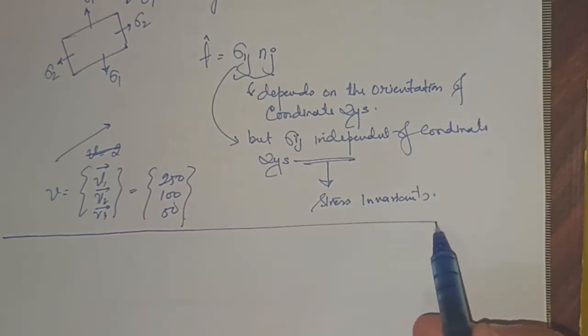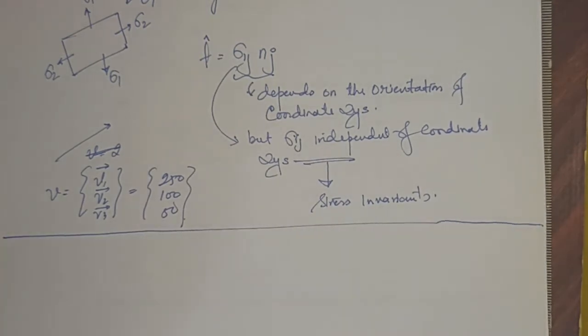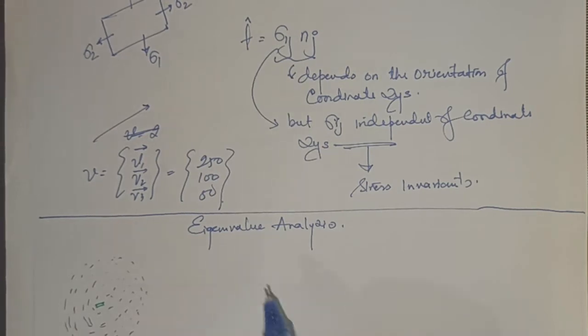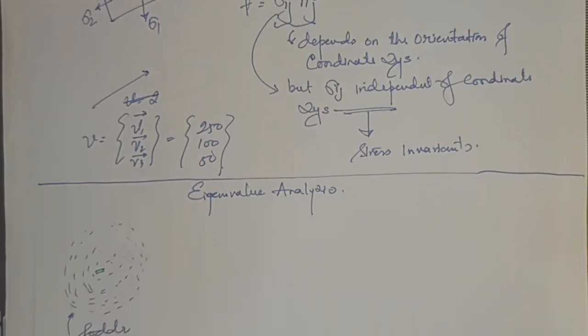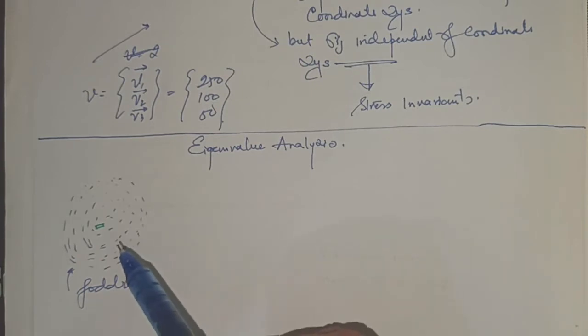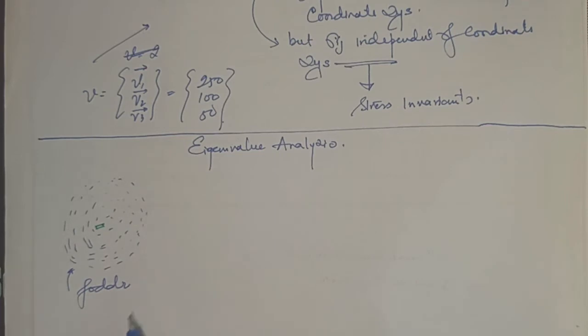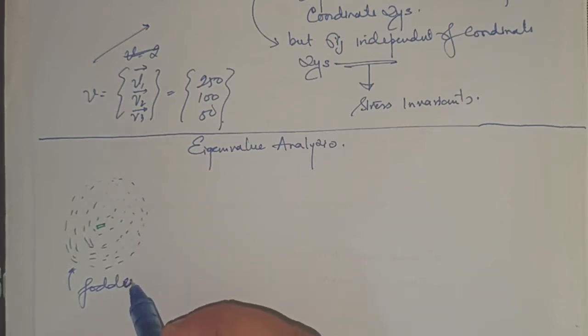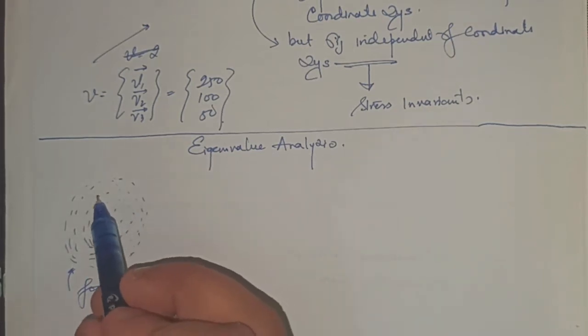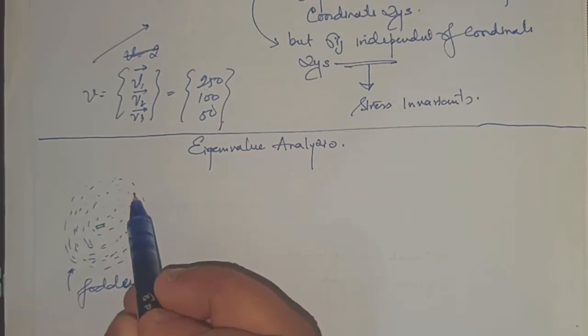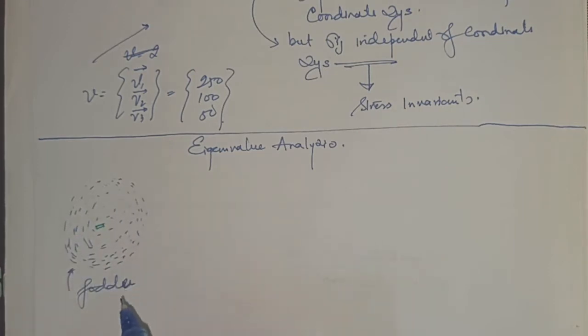Now we'll be understanding what eigenvalue analysis is. In layman's terms, you can understand it like this: this is a lot of fodder, a food for the cattle. In this lot of fodder, let's say one needle is lost.